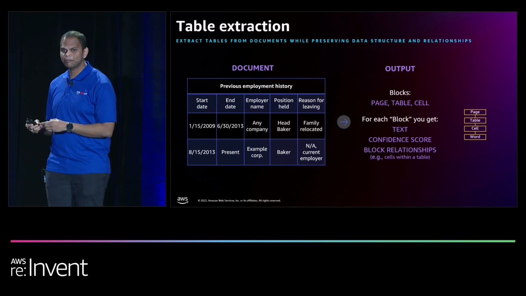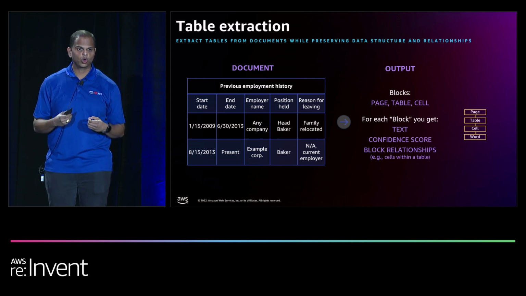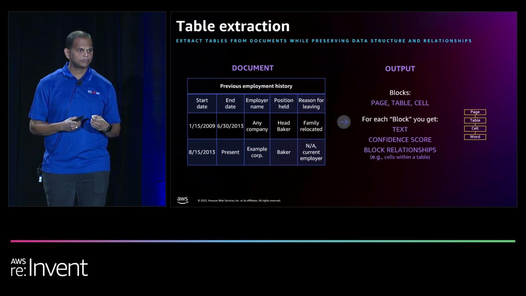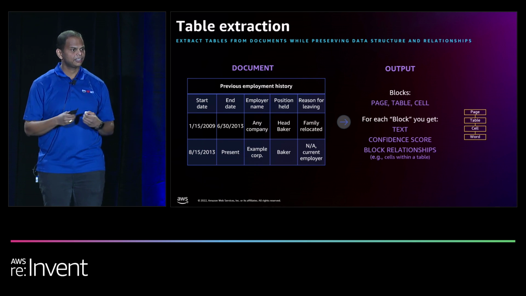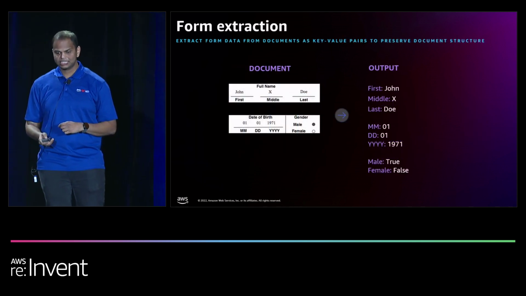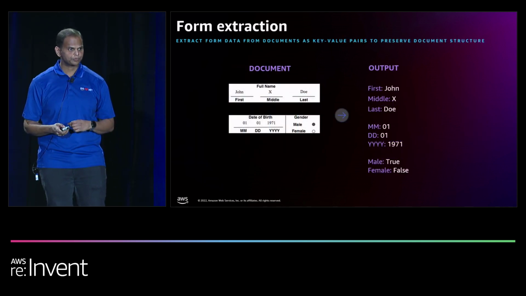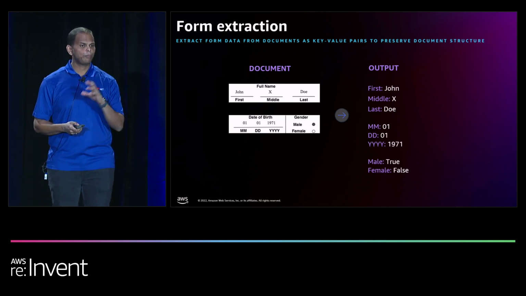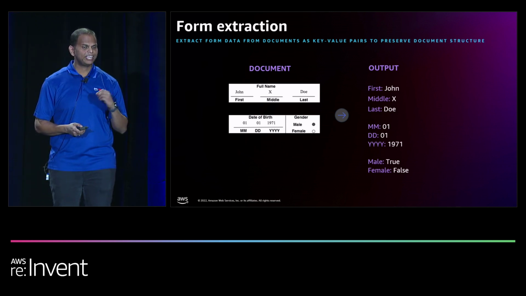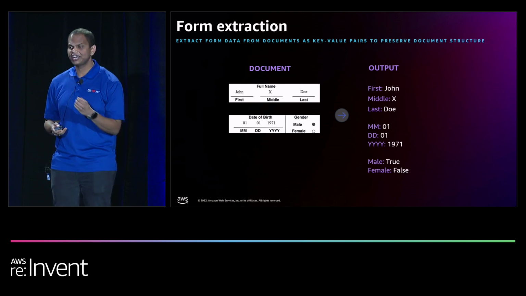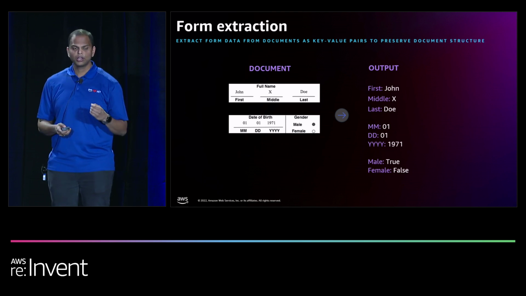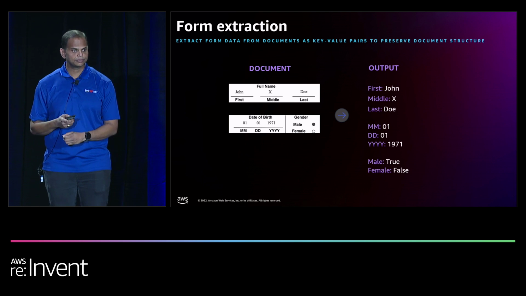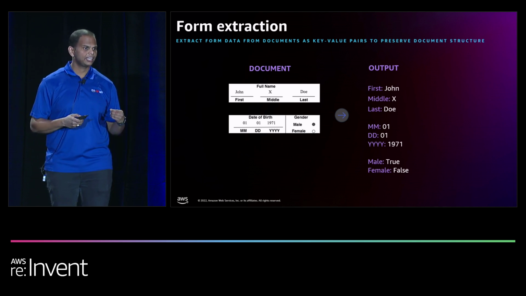And Alex will show in the demo how easy it is to query the data from these extracted forms and tables. Similarly, in the forms, the data is extracted in key value pairs, so that you can easily query it as well as save it in a database and provide it to downstream systems so that they can easily consume it.